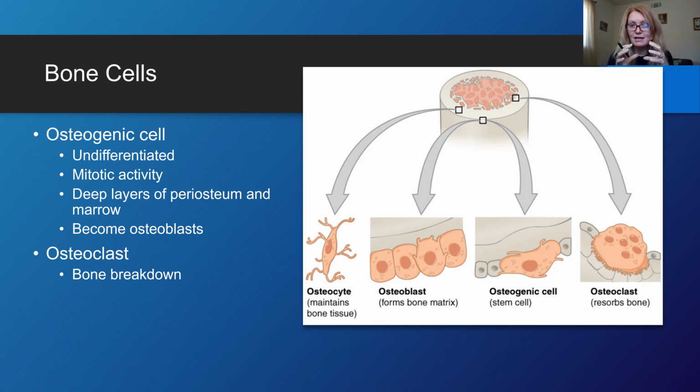So those are big, multinucleated cells that allow you to remodel your bones, because remodeling means at some point you need to dissolve or resorb the bone to give it a proper shape. And also osteoclasts are involved in calcium homeostasis.